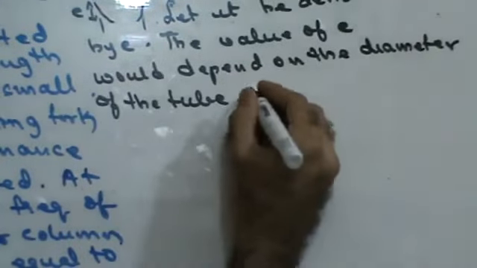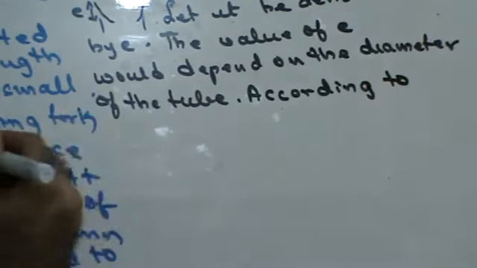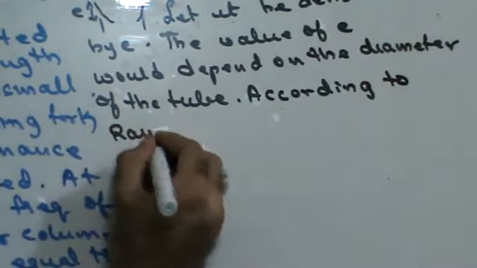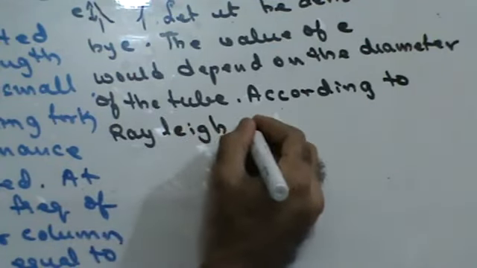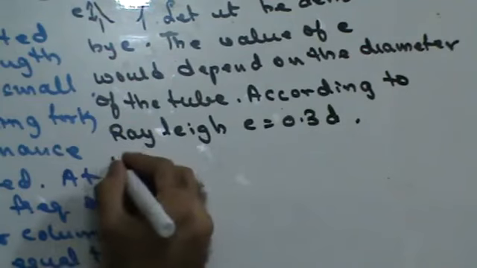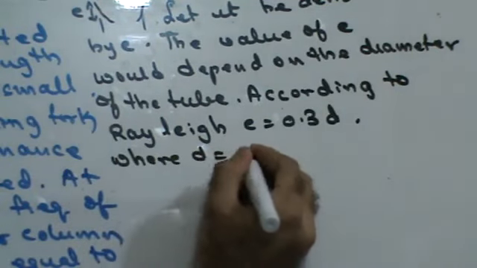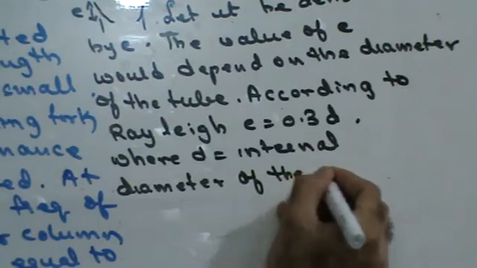It has been found out according to the scientist Rayleigh that E is about 0.3 D. The value of end correction is 0.3 times D, where D is the internal diameter of the resonance tube.